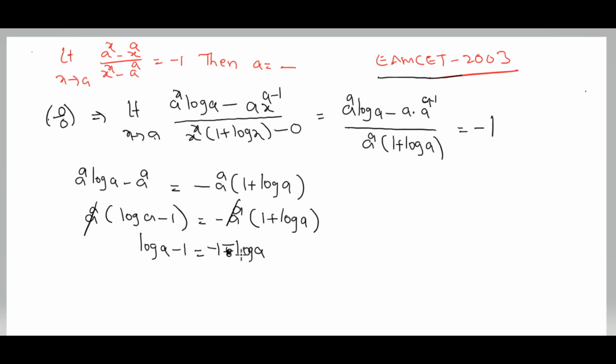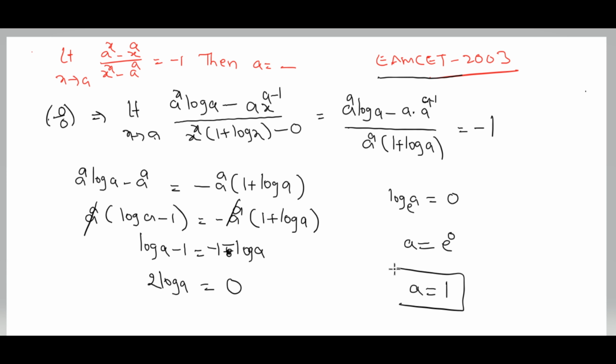So log a take this side, log a plus log a, that is 2 log a, both sides minus 1 plus 1, minus 1 cancel, that is equal to 0. So log a is equal to 0. Here the base is e, so cancelling the logarithm, that is a is equal to e power 0, therefore a is equal to 1. So the value of a is 1.